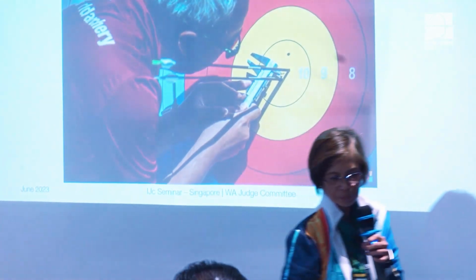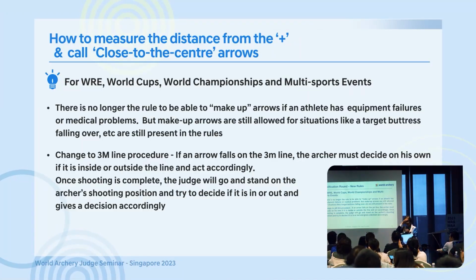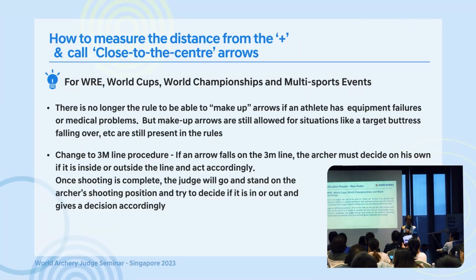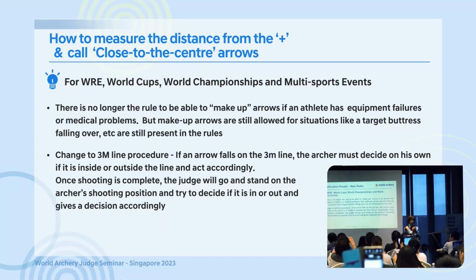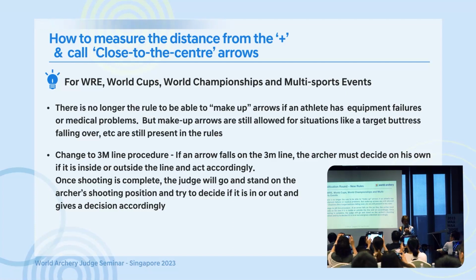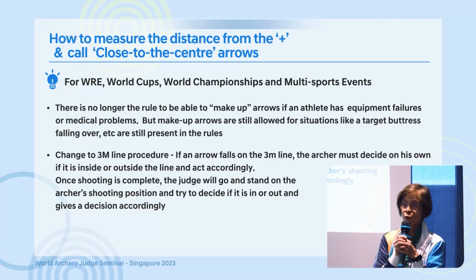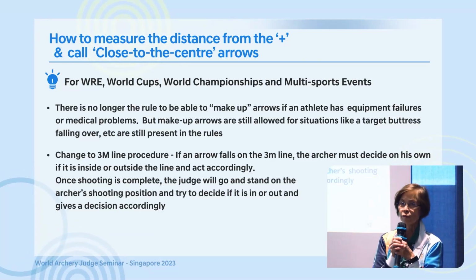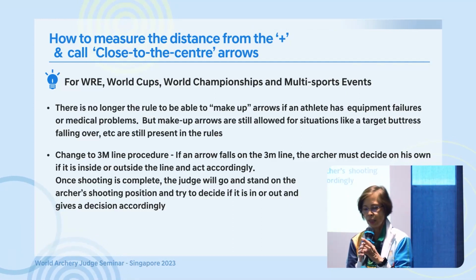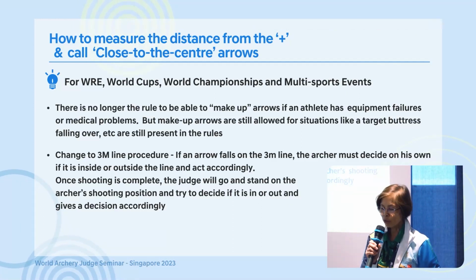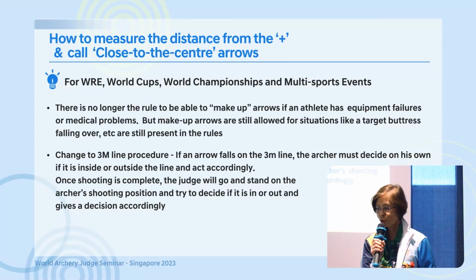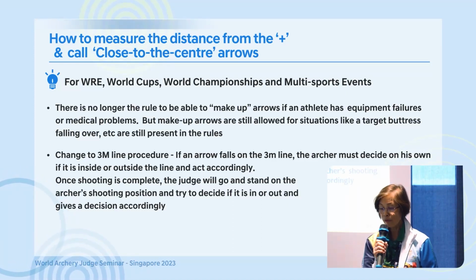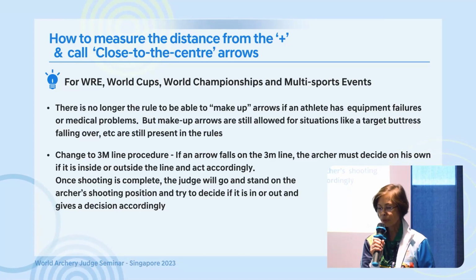Okay? Now, here are some new rules for world ranking events, World Cups, World Championships, and multi-sports events. As you all know, this is not so new because this came into effect last year. As you know, there is no longer the rule to be able to do makeup arrows for equipment failures or medical problems.